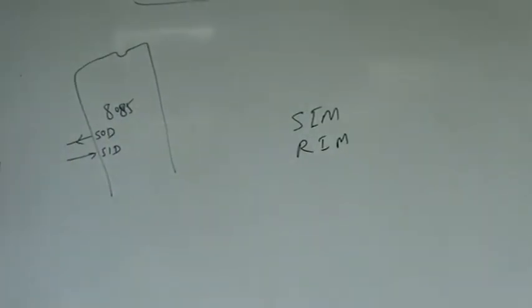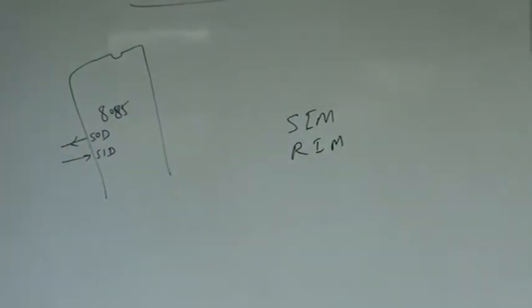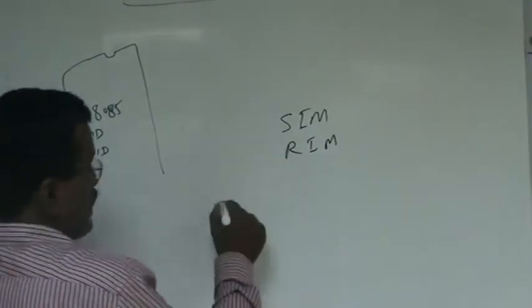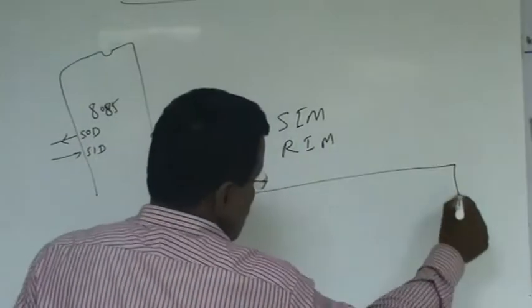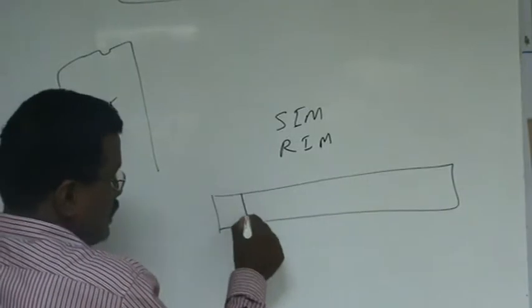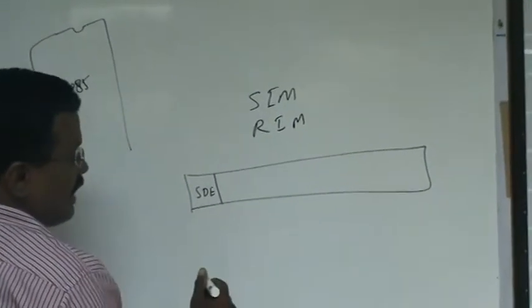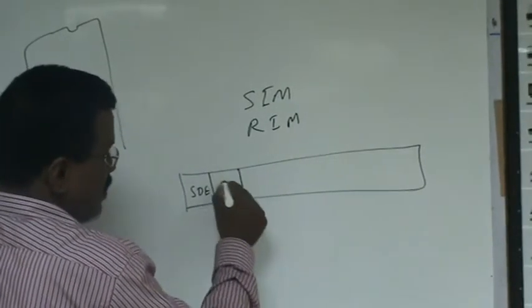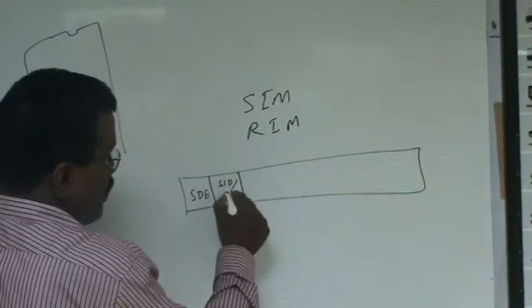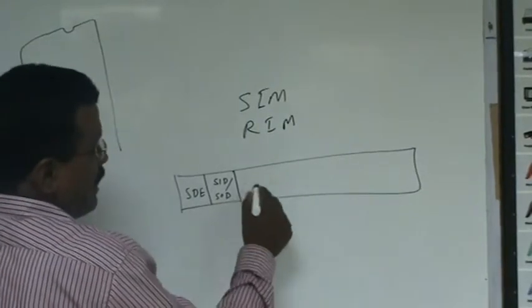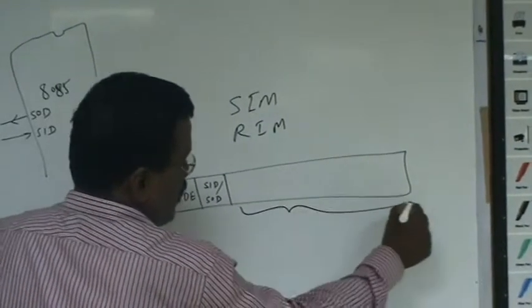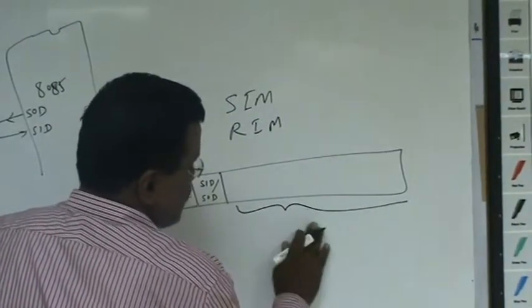If you execute SIM, what will happen? Before you execute SIM, you have to set the accumulator value. In the accumulator, the last bit, the MSB, is known as SDE, serial data enable. Next is the SOD bit, which is for the SOD pin, and the remaining bits are used for controlling the interrupts.